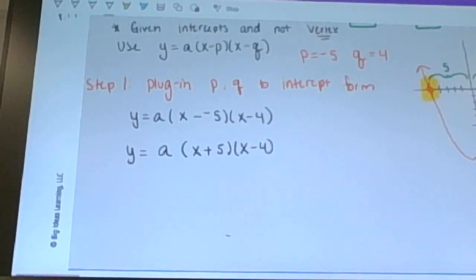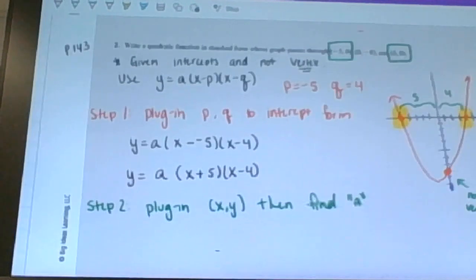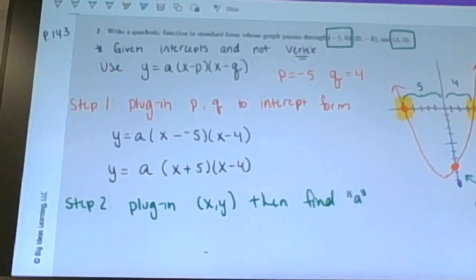Now, step 2. Plug in x and y, and that's going to help you find the a value. So x and y is just any other point. If it's intercepts, they have to give you one other point. So this 0, -8, we're going to use as our x and our y.